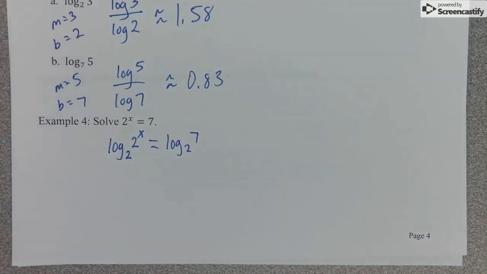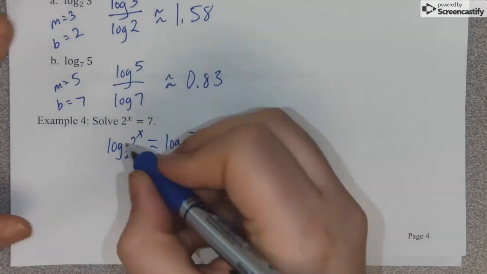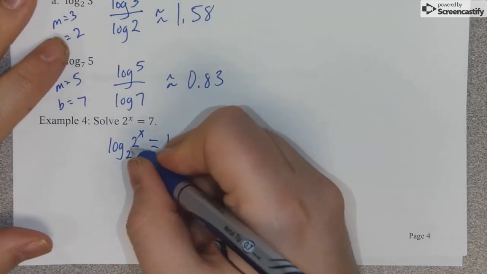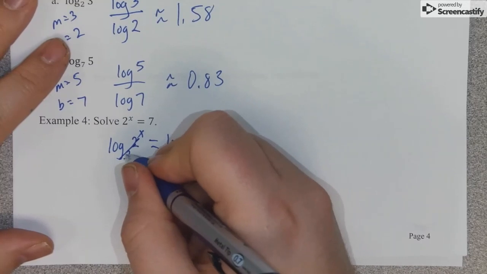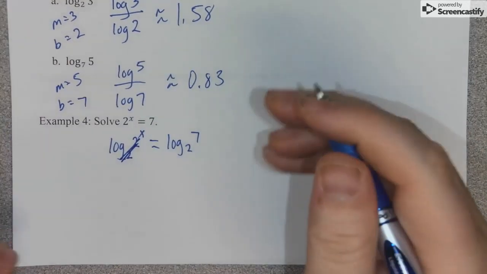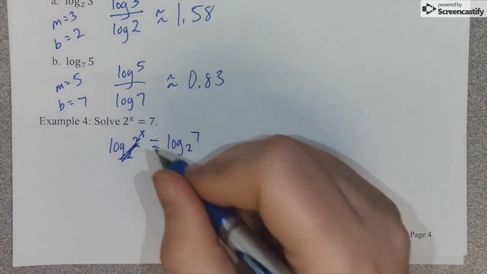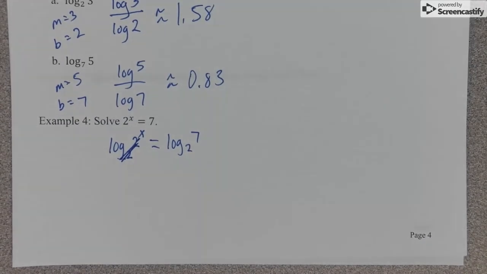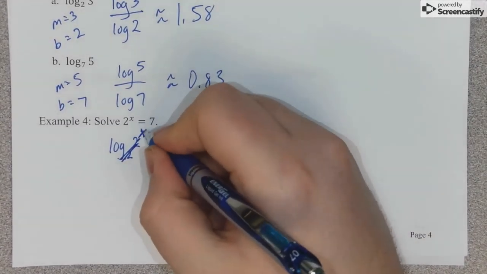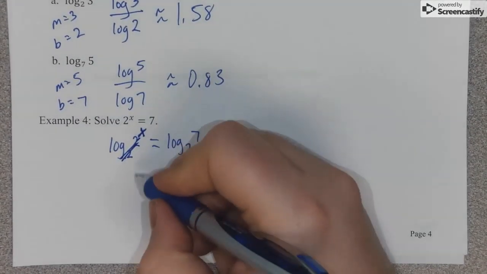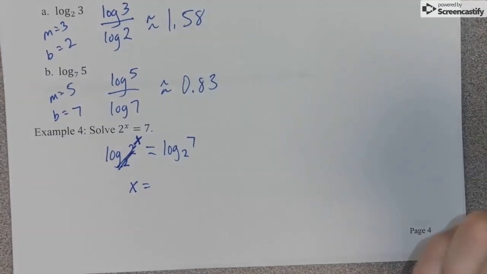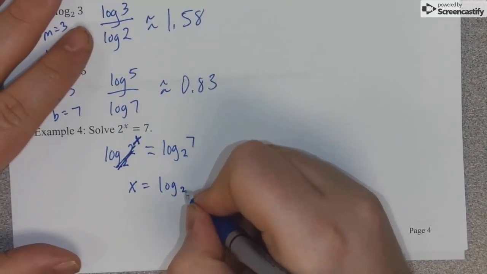So it'll be log base 2 of 7. The 2 and the 2 to the x, or the bases, cancel. So log base 2 and the base that your exponent has cancel out. So this becomes x equals log base 2 of 7.